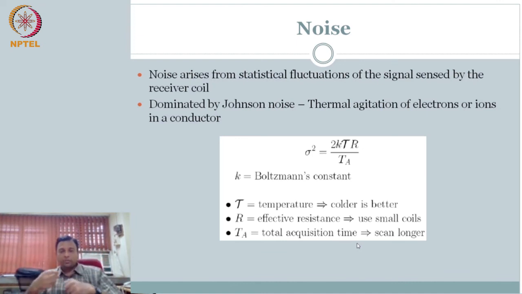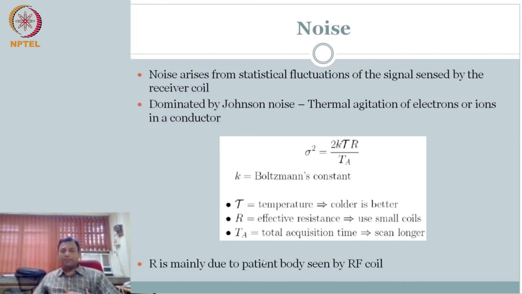Otherwise, they'll have to slow you down and make you sleep. So you don't want longer acquisition times. But what our noise says is, you acquire longer, I will behave well, I will reduce myself. But that's a trade-off, right? You can already see. The other is mainly due to your patient body seen by the RF coil. Okay. So always we are not interested in noise alone.